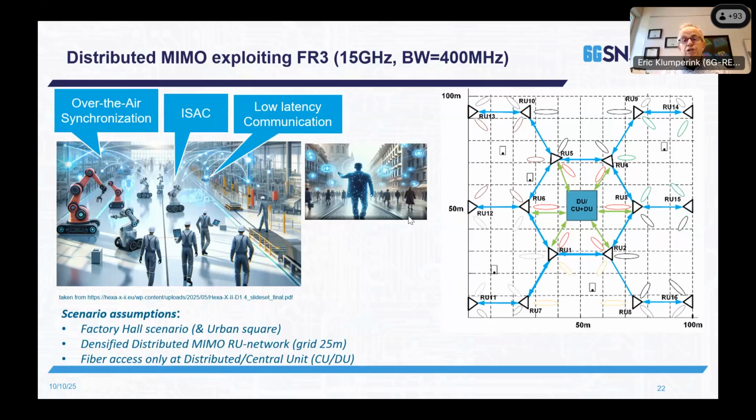In the right picture you see the radio units, and that there is only in the center one node which has fiber access, and the rest of the nodes are on the grid. And we focus not only on ISAC, but also on the full duplex communication, where the full duplex can support the monostatic radar functionality as well, because of the self-interference isolation that you need. And also the over-the-air synchronization, which is very crucial then. Next slide, please.